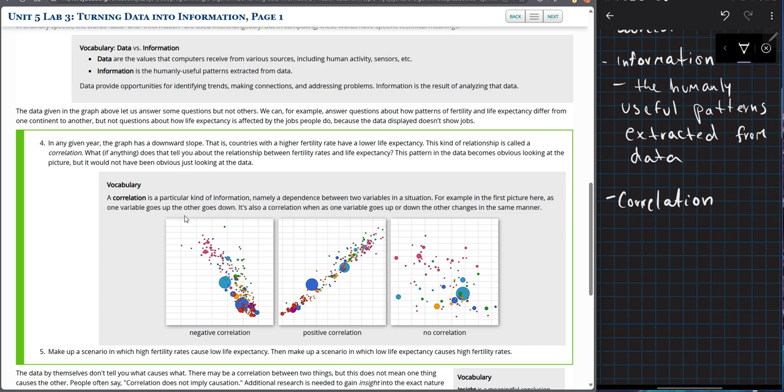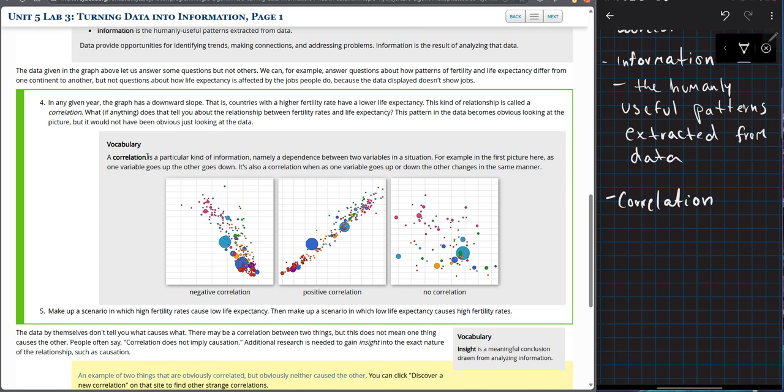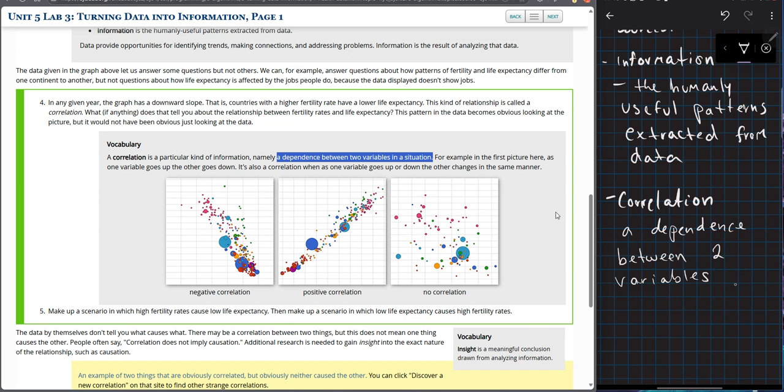I don't know if you've seen this before in your math class, but it's a dependence between two variables in a situation.